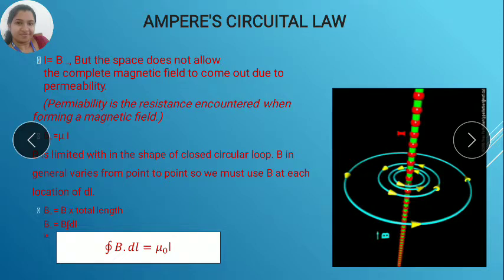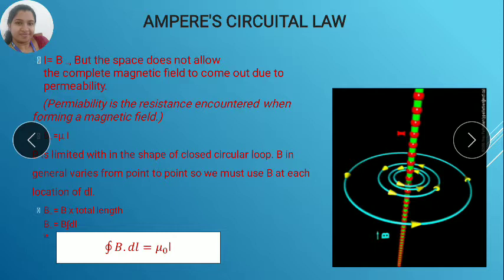So due to the presence of permeability, this much amount of magnetic field is not allowed by the surface. That means permeability is the resistance encountered when forming a magnetic field. That permeability is equivalent to a resistive force which opposes magnetization. So this body is not completely magnetized.